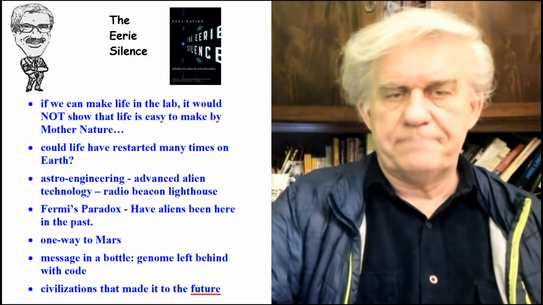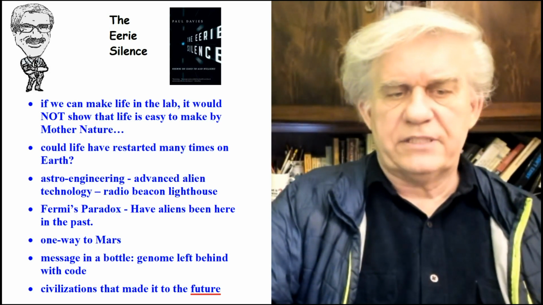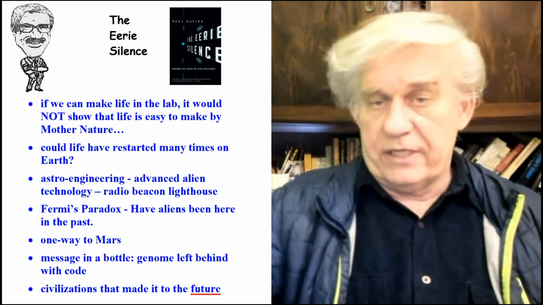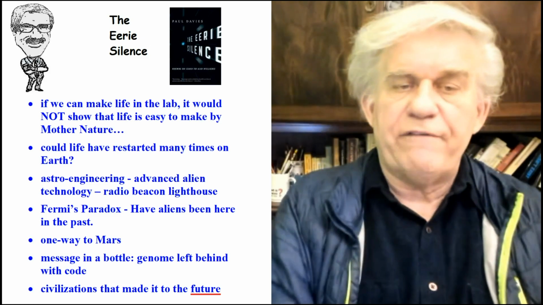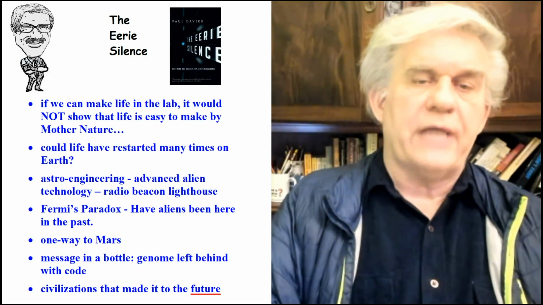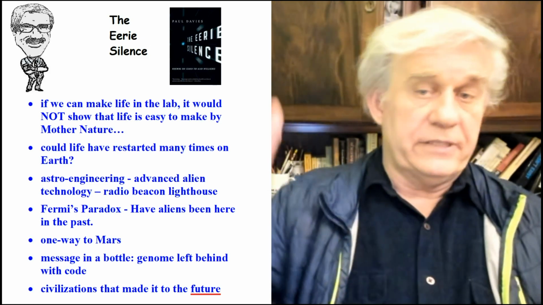Well, here's a very quick synthesis of some of the most important issues he touches upon in his book. Here it is. The fellow says the following. One of the issues: if we can make life in a lab, it would not show that life is easy to make by Mother Nature out there.